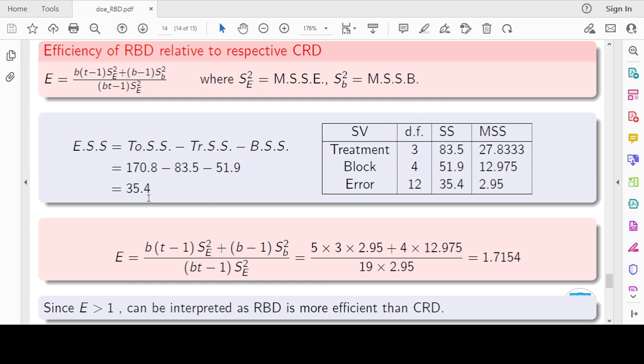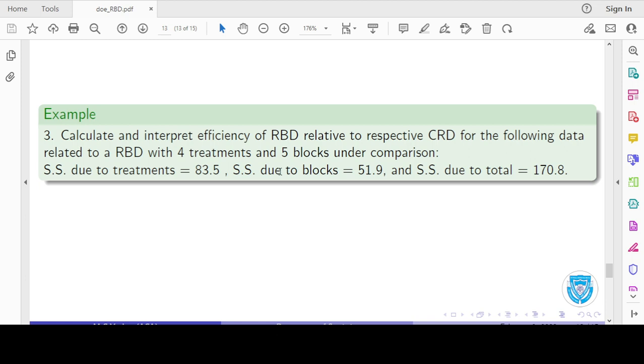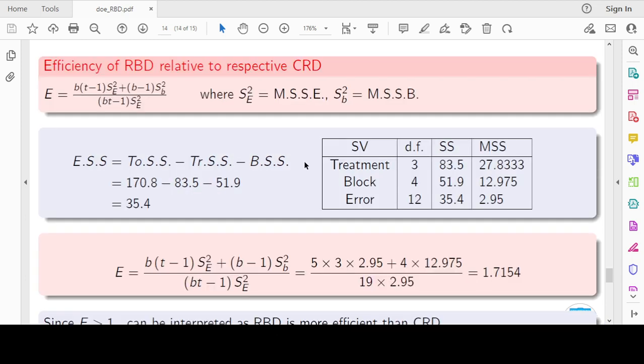So we have these 3 sums of squares given here: treatment, block and error. Its degrees of freedom: 4 treatments and 5 blocks are given, so the degrees of freedom are 3 and 4, and for error, 12.